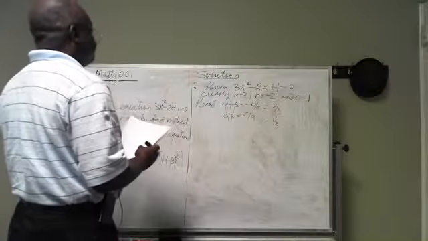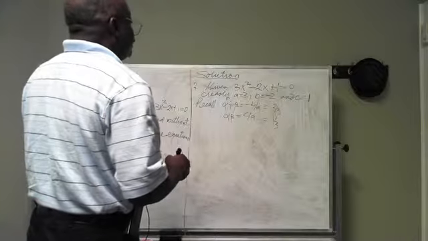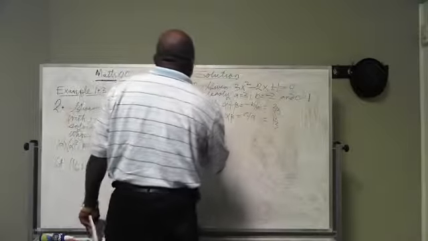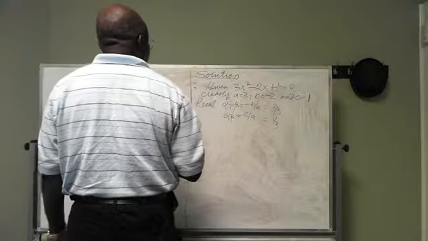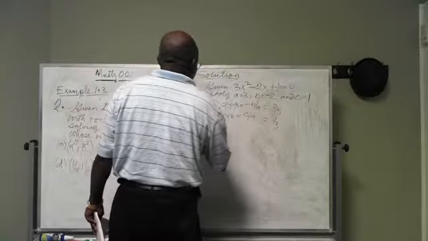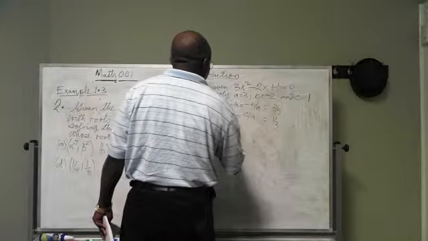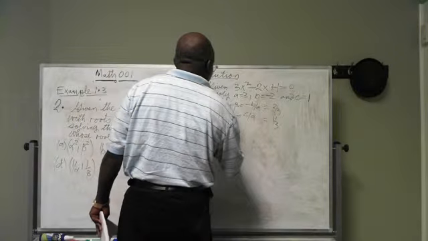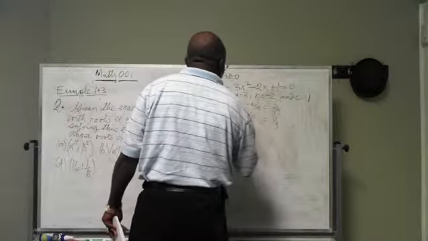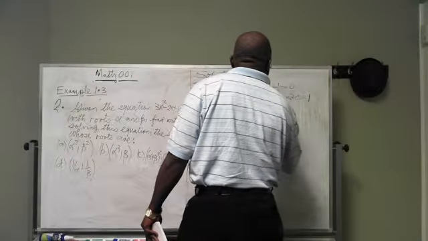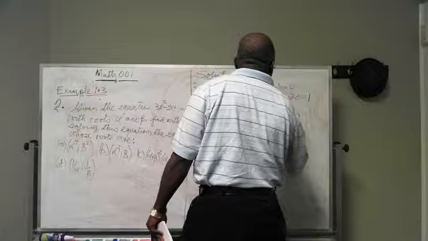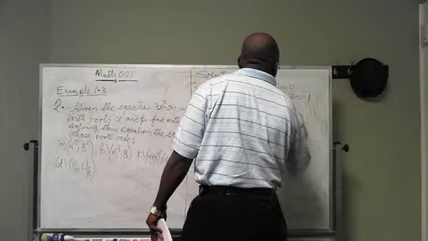Okay, now problem A. Let alpha prime be equal to alpha squared and beta prime be equal to beta squared.